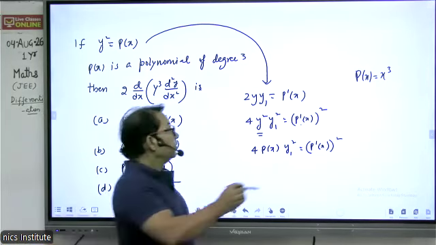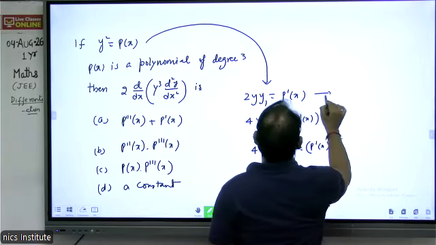Or else you can differentiate this directly. Shortcut से तो आंसर आ ही जाएगा.